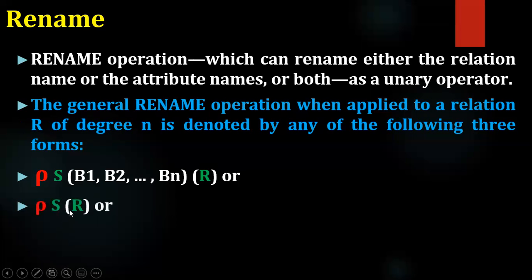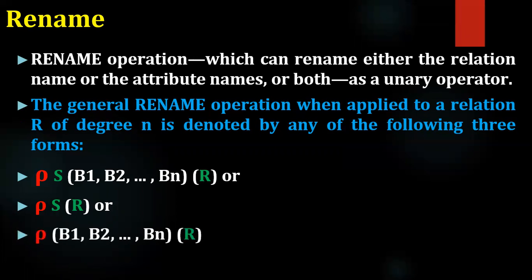Now here I have renamed only the table name; the relation name is renamed. Old table name is R, new table name is S. What about the attributes? Attributes will be retained with the old attribute names. Here only the attribute names are renamed.